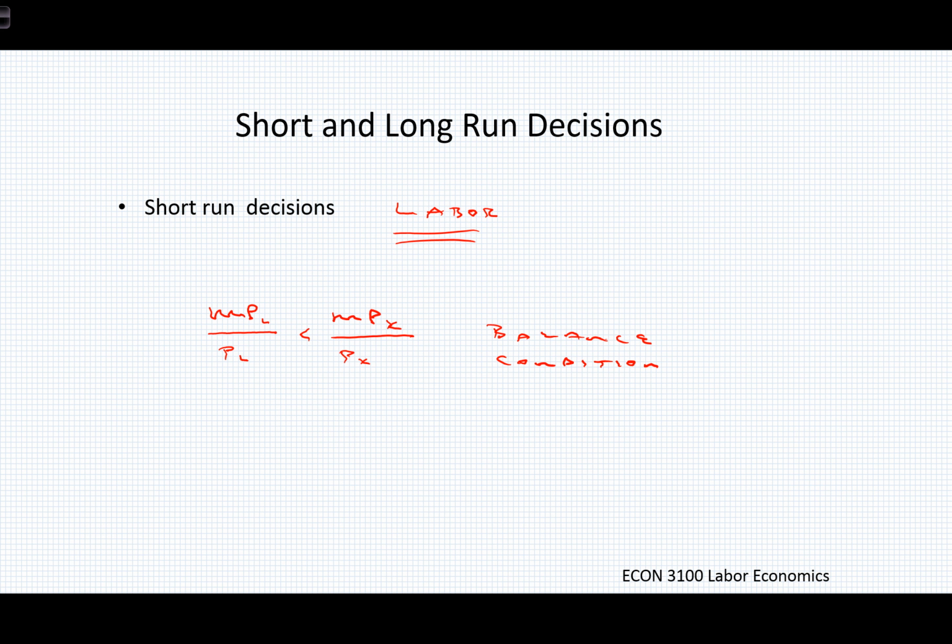Well, we can't change the number of capital units easily. Remember, we said that capital takes some time to make changes. I can't just go out and decide to move into a new building overnight. I can't decide to change my $5 million of production equipment overnight. These take time. And in order to change the marginal product of capital, I need to change the number of units of capital that I'm using.